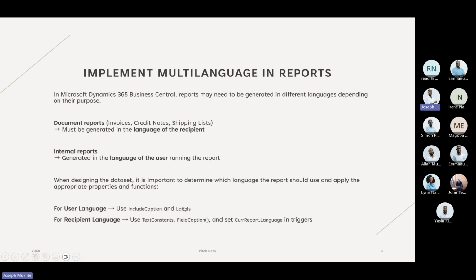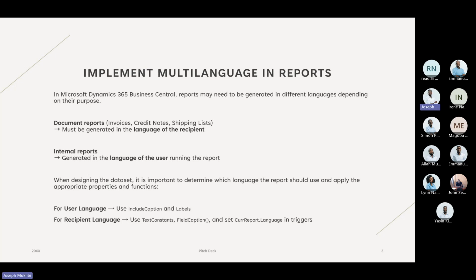For include caption, on your report, under the column where you put the fields, you put a property of include caption true. What it does is pick the caption on the table, but for this to work, you'll have to first install an additional extension of that language.